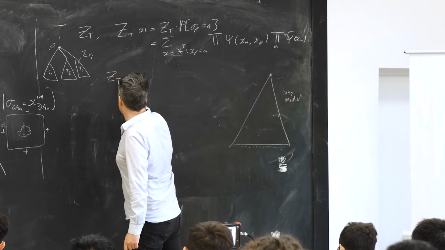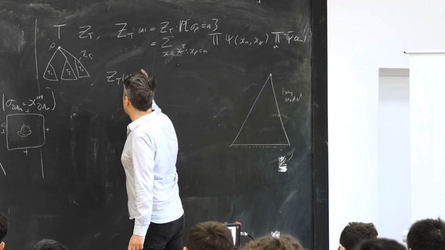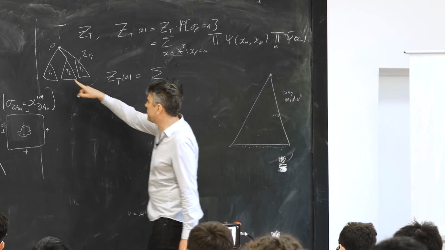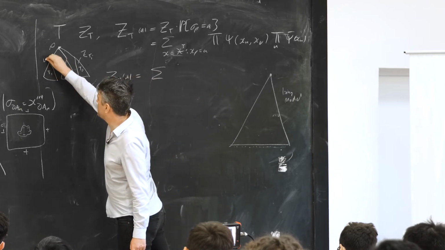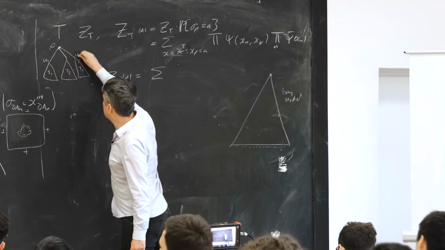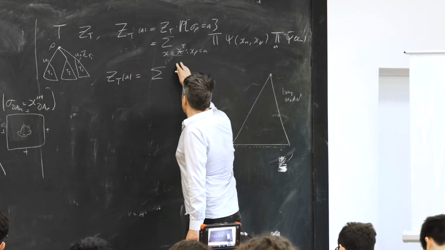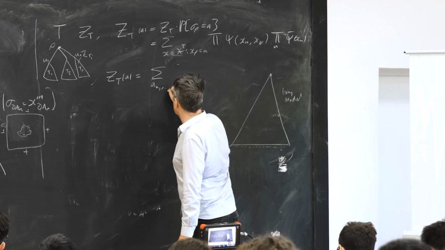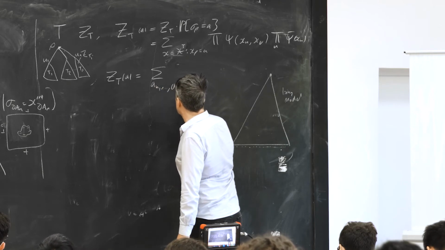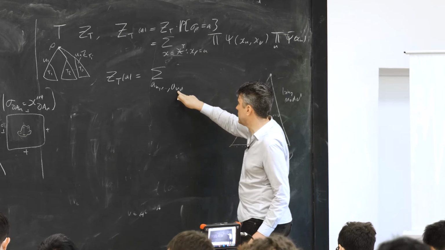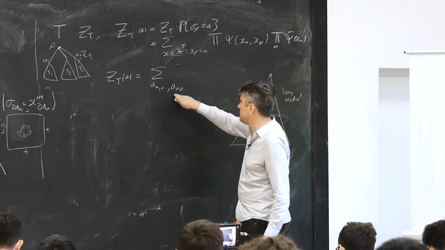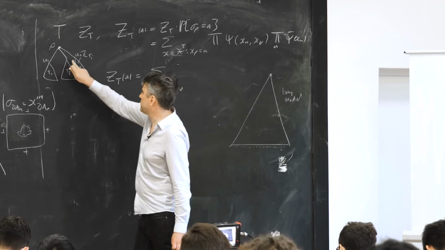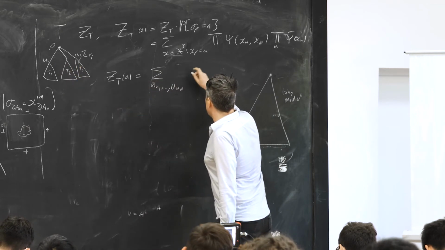So I can write Z_T(A) as summing over the contributions from choosing, let's call these u_1 up to u_d, the possible values for the children of the root.